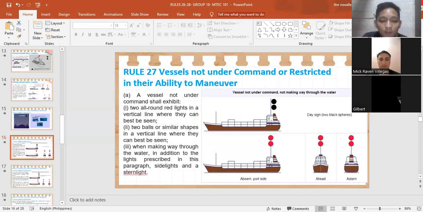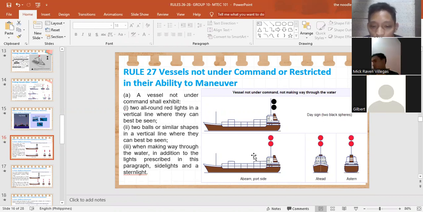So in subparagraph A, a vessel not under command shall exhibit number 1, two all-round red lights in a vertical line where they can best be seen. So this is what we see from the beam: in the middle we see two round red lights.